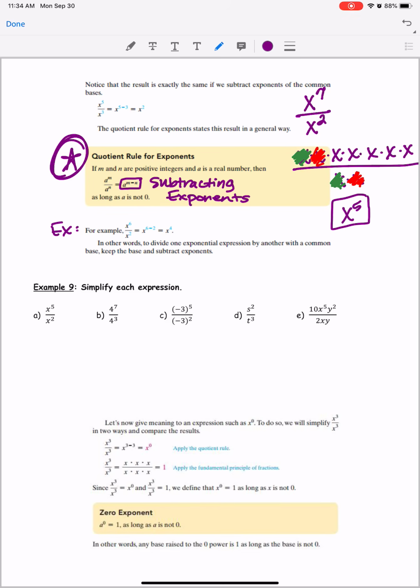Because they have the same base, both have a base of x, we've got x to the 5 minus 2 to get x cubed. Same thing here. They both have a base of 4. So I've got 4. Subtract your exponents. 7 minus 3 is going to give me 4 to the 4th. This is one that we can evaluate. So do 4 to the 4th, and we should get 256.